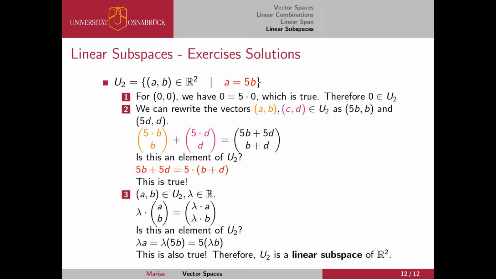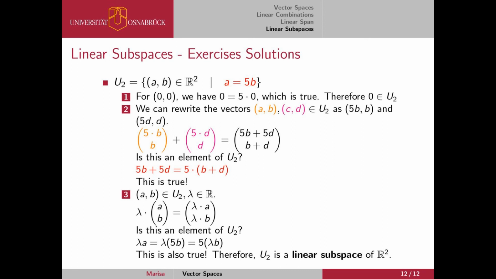And now with the rule of the definition of U2, the one written in red here, A equals 5B, we can rewrite them. And therefore the first vector (A, B) can be rewritten as (5B, B), and the second one (C, D) can be rewritten as (5D, D). And now we add them, and what we will get is (5B plus 5D, B plus D).